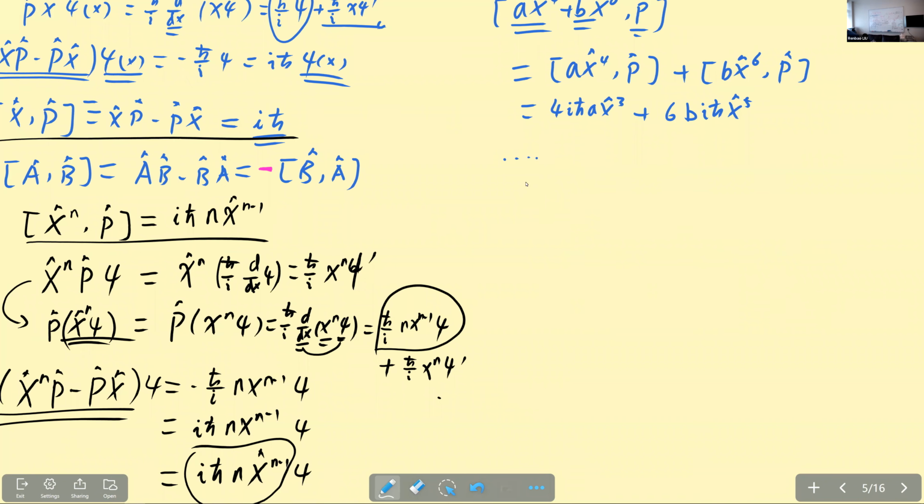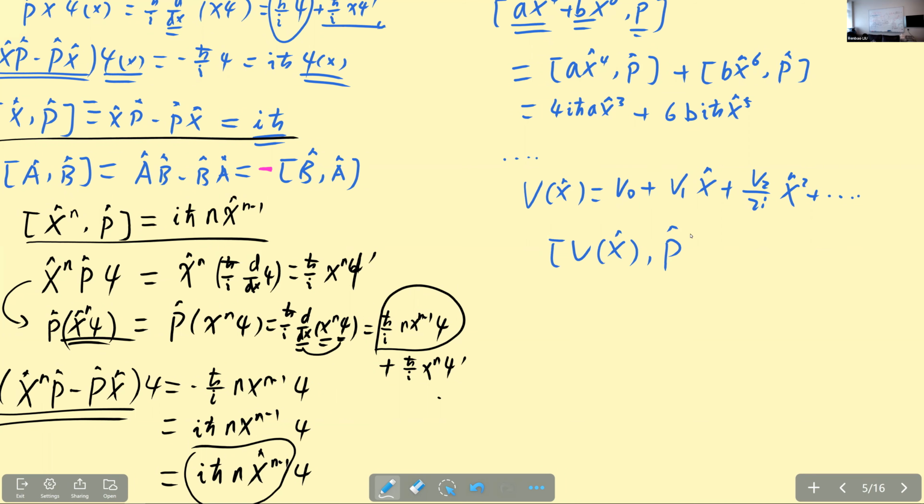So you can have, for example, a V(x) just equal to V0 plus V1 x plus V2 over 2 factorial x squared, and so on and so forth. And you can try this.